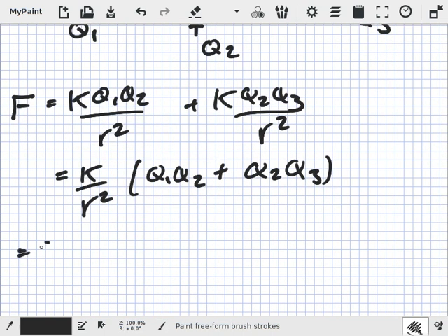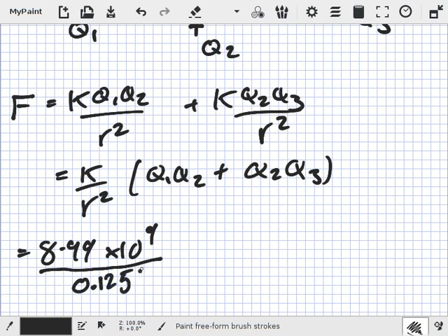So what's that? 8.99 times 10 to the 9 over 0.125 squared. Q1 is 5 micro.